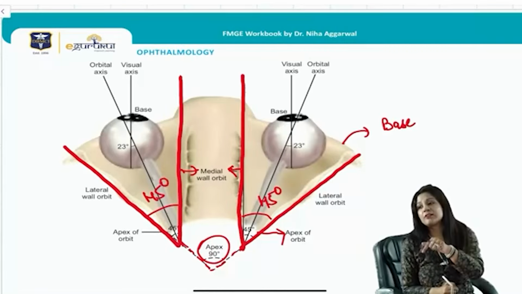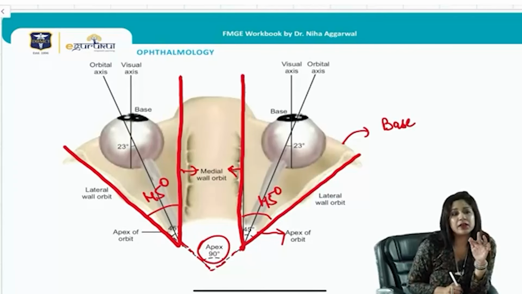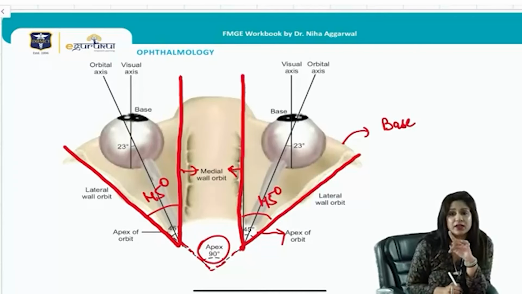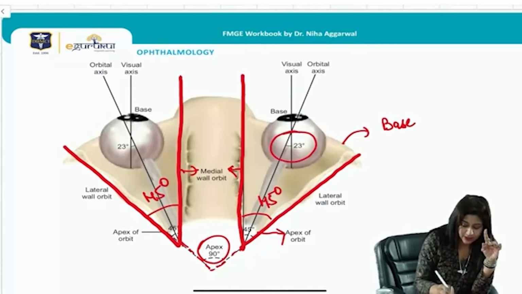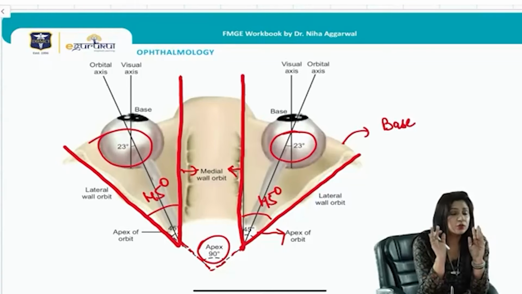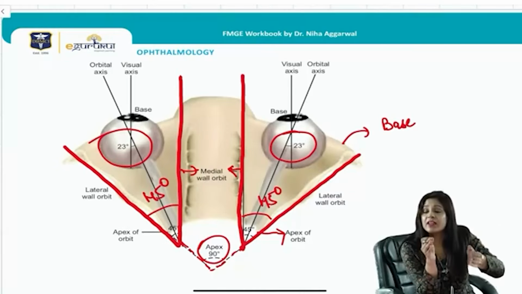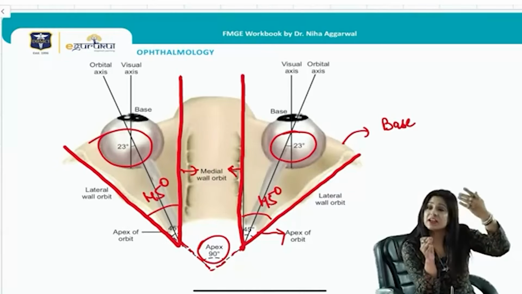Now half of 45 is 22.5, which approximates to 23. Now see, eyeballs are placed at 23 degrees. Because the eyeballs are placed at 23 degrees, if the muscle is also inserted at 23, it will be a straight muscle. That is why the rectus muscle, which we will study in squint.